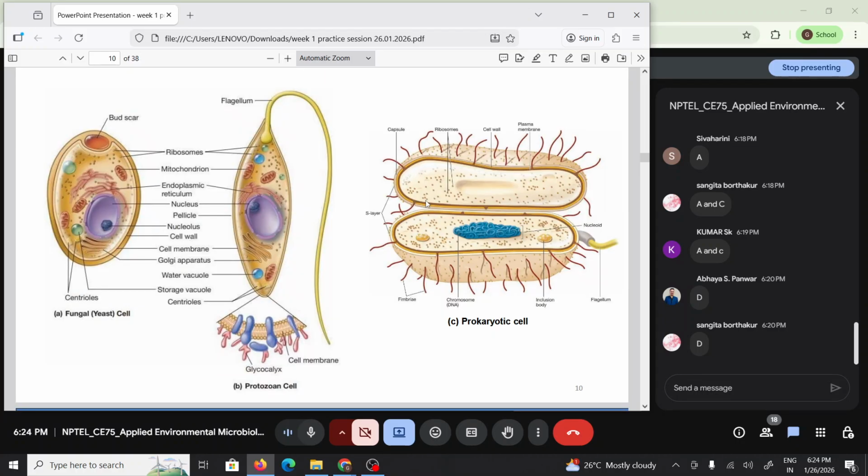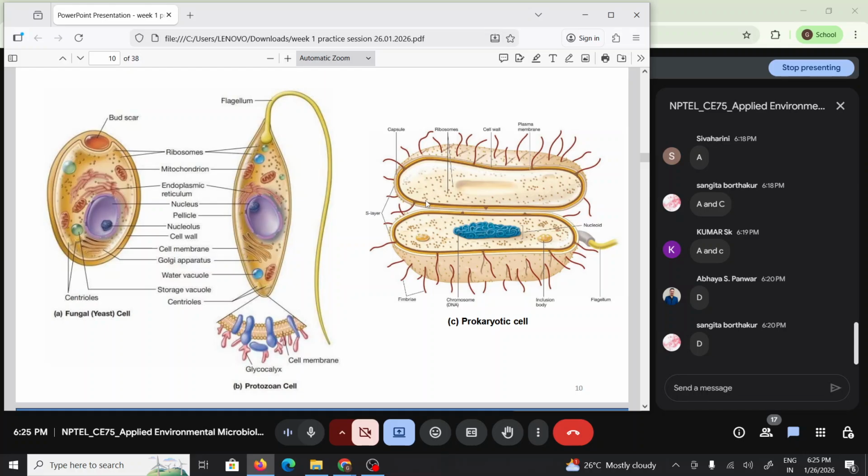So next, as we saw in one of the questions, I just have a representation of fungal cell, protozoan cell, and a prokaryotic cell. So you can see that the prokaryotic cell has no membrane bound organelles. It's pretty freely seen in the image, whereas if you compare the fungal and protozoan cells, you can see that there are different small organelles present inside the cell.